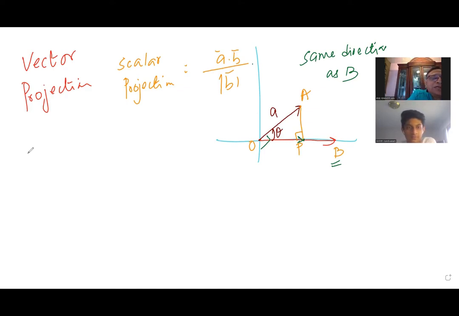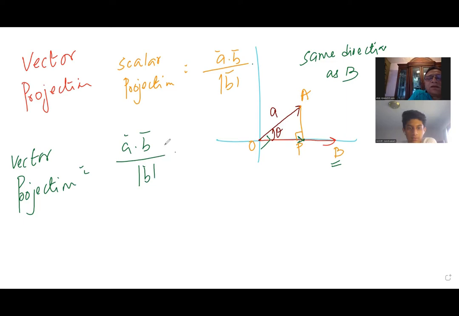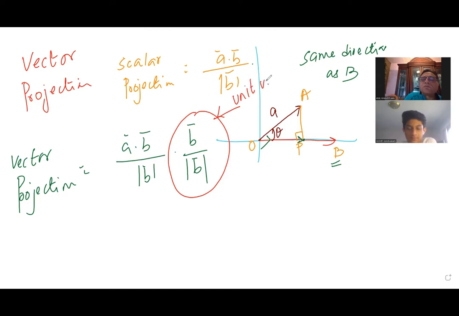So the vector projection will be A dot B over magnitude of B, times the direction of B. The unit vector will be the vector B over magnitude of B. That gives you the direction. Is that clear to you? Yes, sir. Clear.